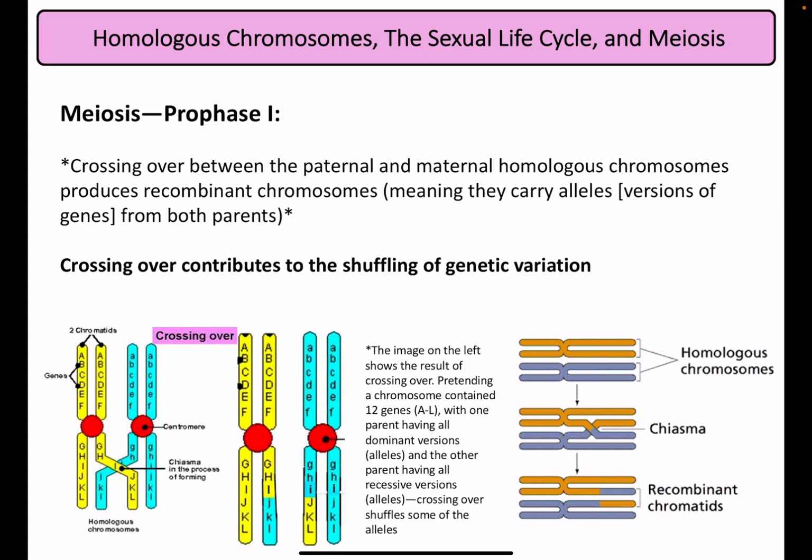Again, they break off pieces of their chromosome and trade them and swap them and then reattach them. All you need to know from this slide is that, again, this crossing over and swapping of DNA shuffles genetic variation. It shuffles alleles. Very important.